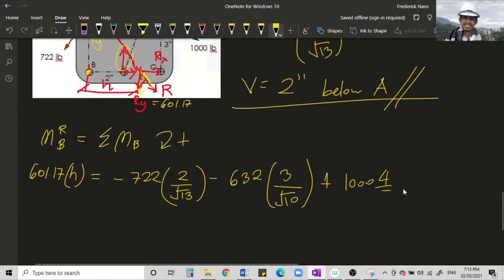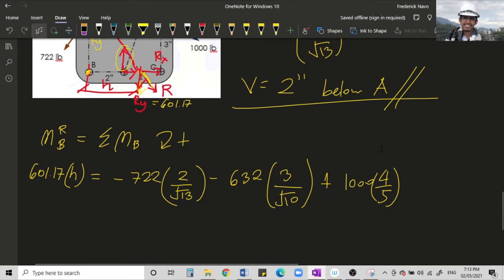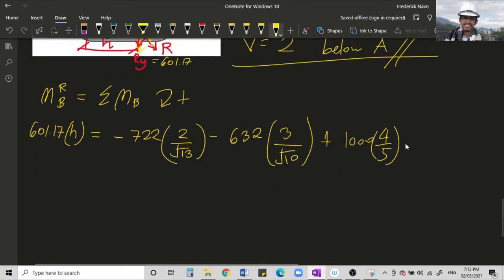So yung 4 is sa may bandang horizontal. Okay, so hypotenuse is 5. So yun na. Okay, so makukuha na natin yung distance natin na h, so that is equal to 4 inches.